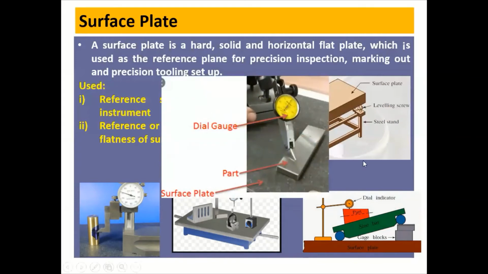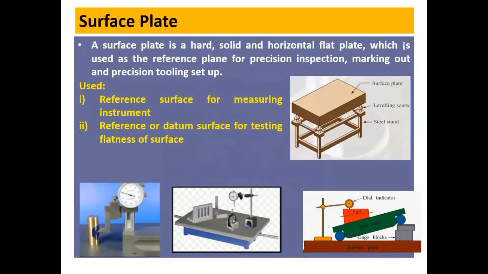In that case, we are using the dial gauge with a stand, and this dial stand is placed over the surface plate, as well as the part whose flatness is to be measured. So these are the basic uses of the surface plate when we require very high precision inspections.